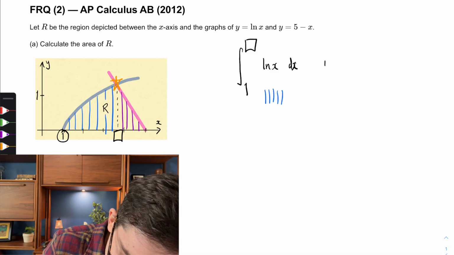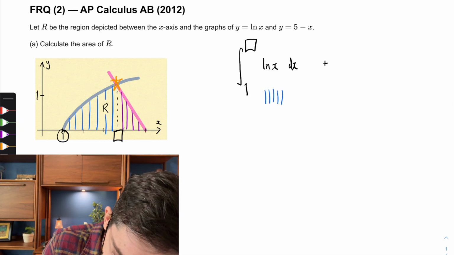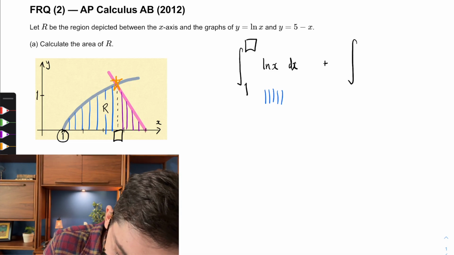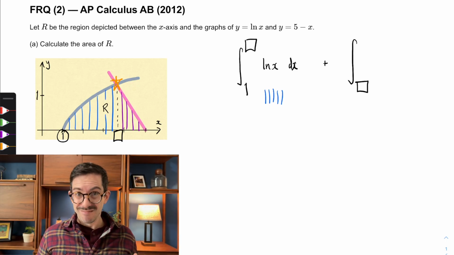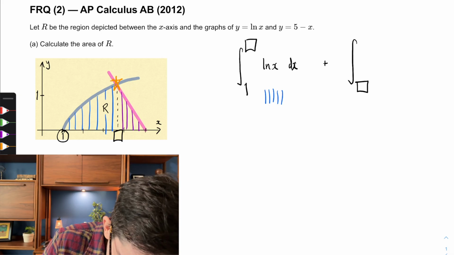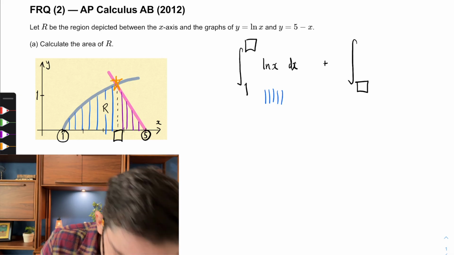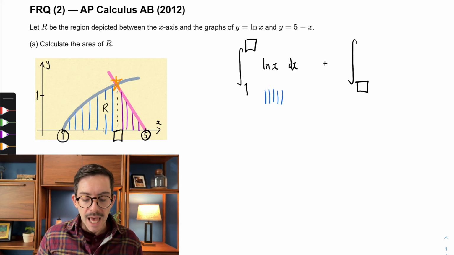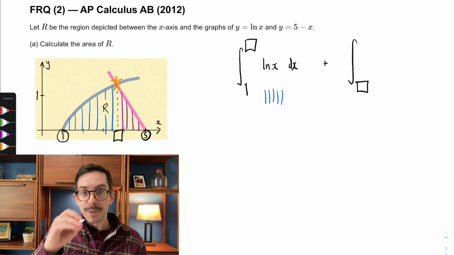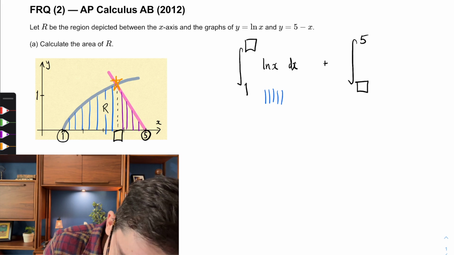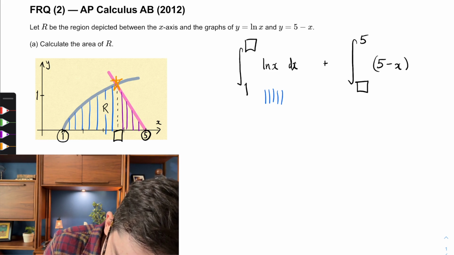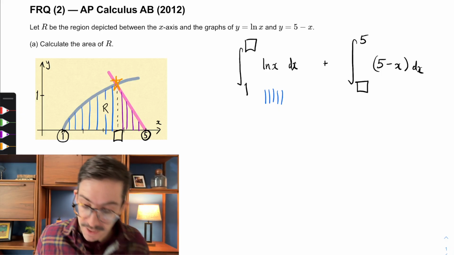And then I'm going to add on the rest of the area. So I'm taking an integral from that mystery x value that I haven't found yet. And then if I work with that linear function, you'll see the x-intercept is happening at x equals 5. So I'm integrating the rule y equals 5 minus x dx.